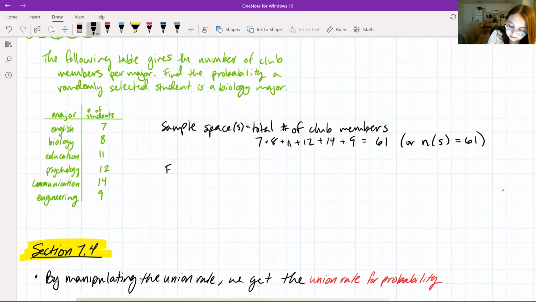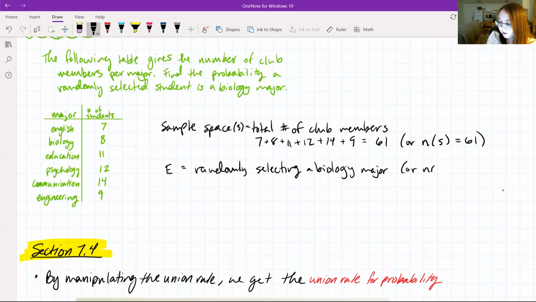And we say E is equal to randomly selecting a biology major. Or the number of elements in E is equal to 8, since there's only 8 biology majors.